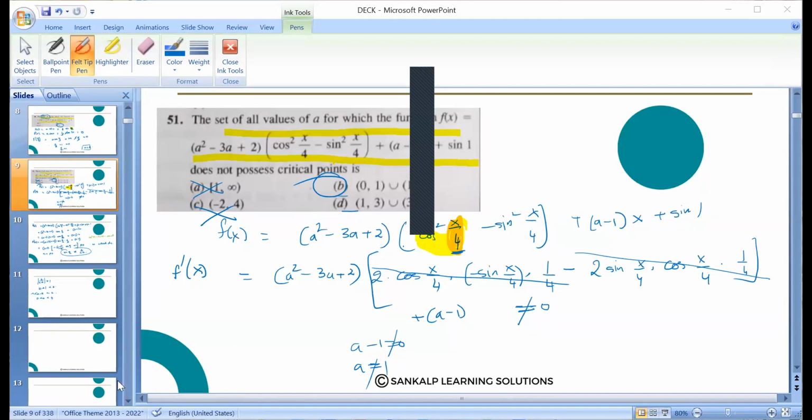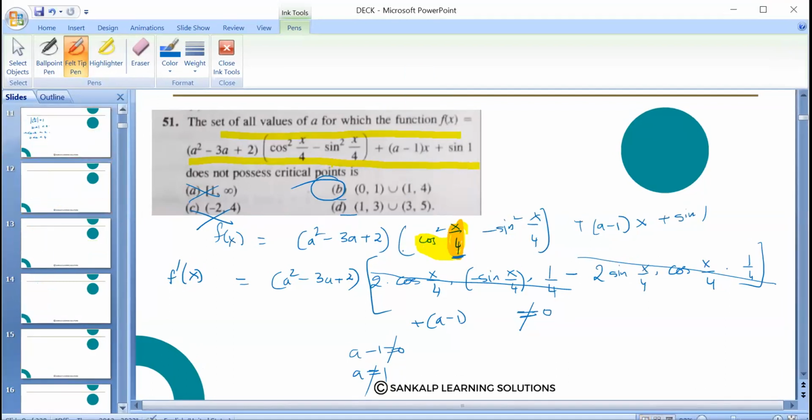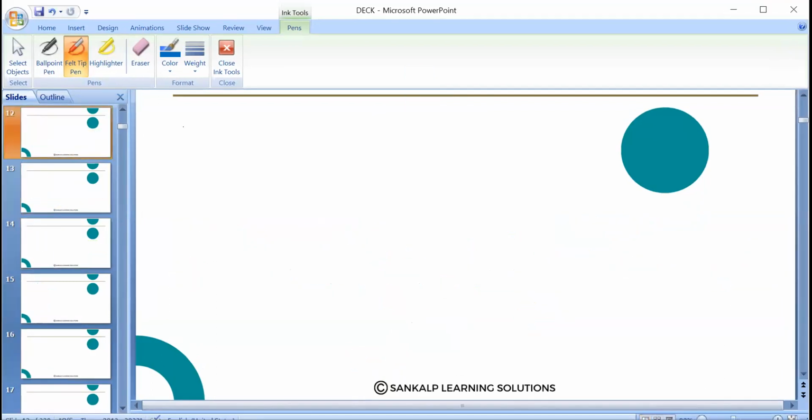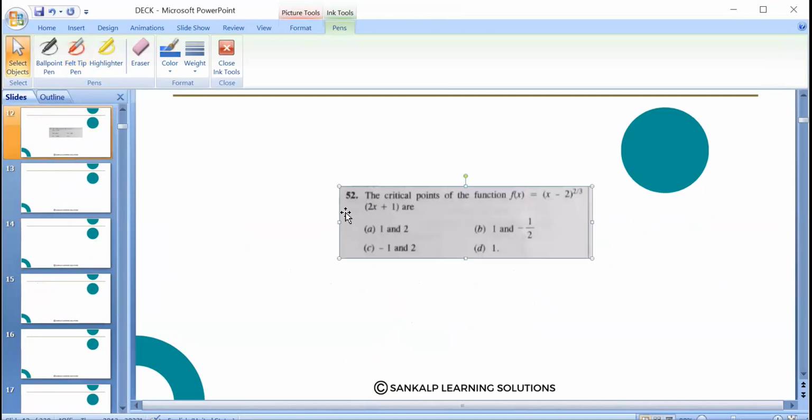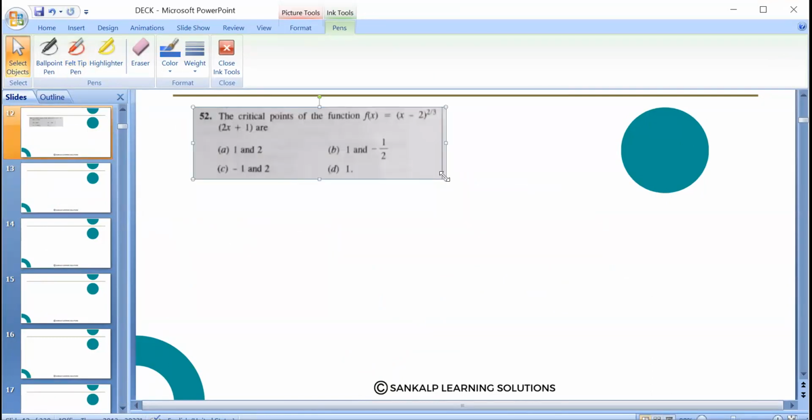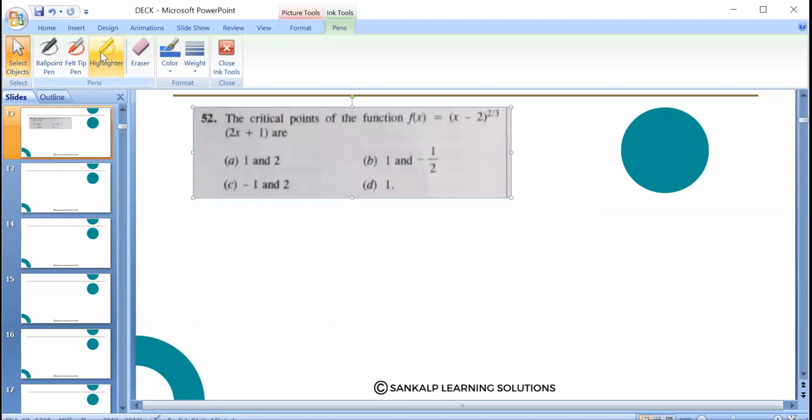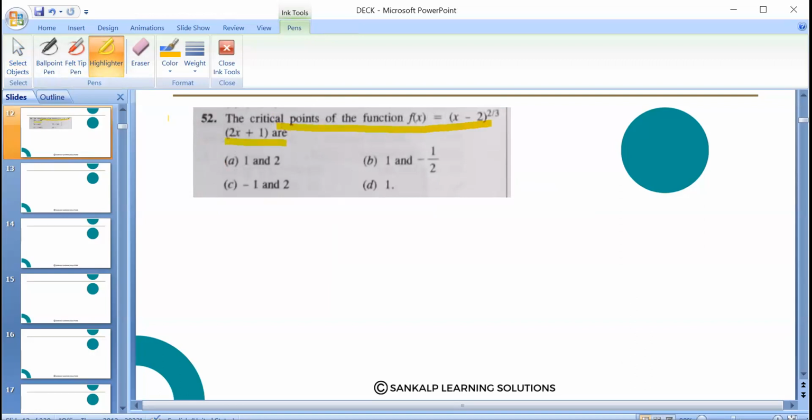Next is 52. The critical points of the function x minus 2 power 2 by 3 into 2x plus 1. So first of all, y equal to x minus 2 power 2 by 3 into 2x plus 1.